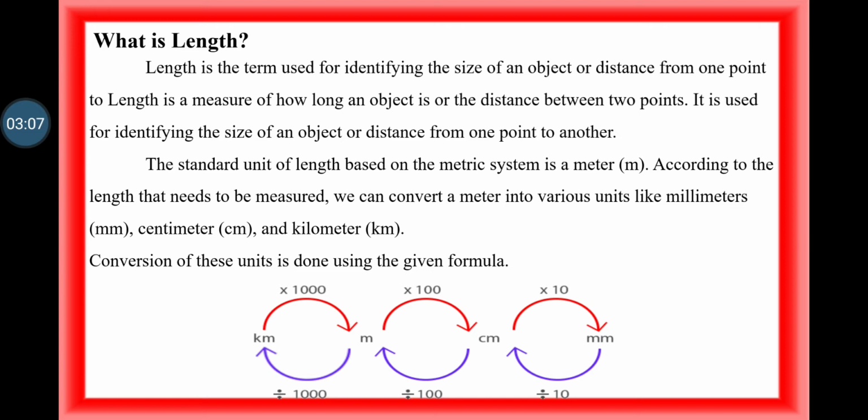This is the relationship between centimeter and millimeter. We need to multiply it by 10 when we convert centimeter to millimeter, and when we convert millimeter to centimeter, we have to divide it by 10 because in 1 centimeter there are 10 millimeters.